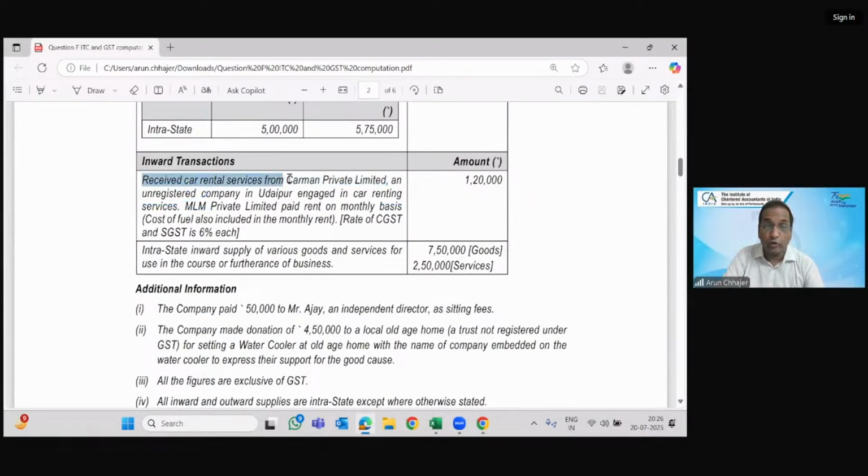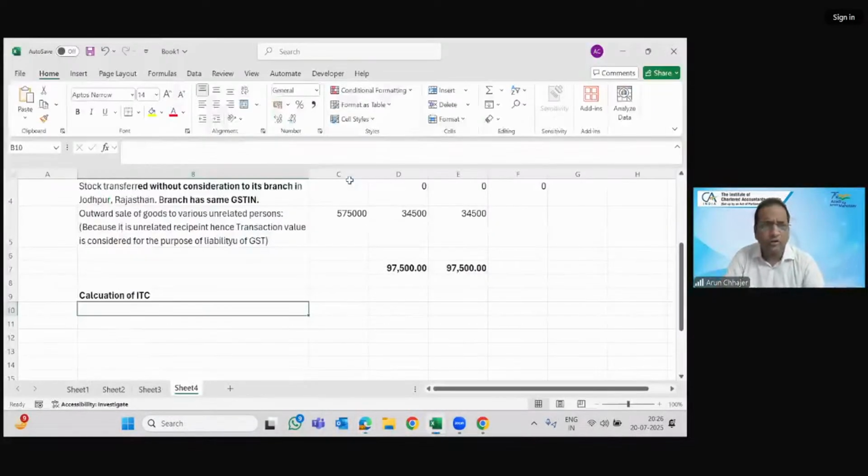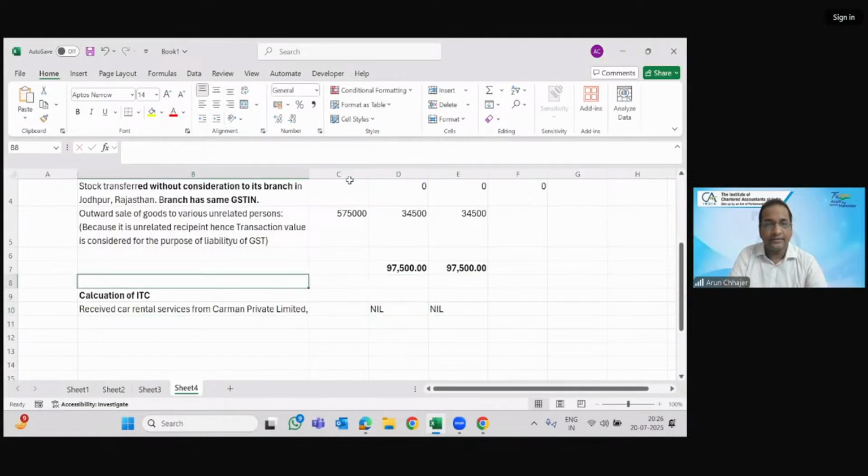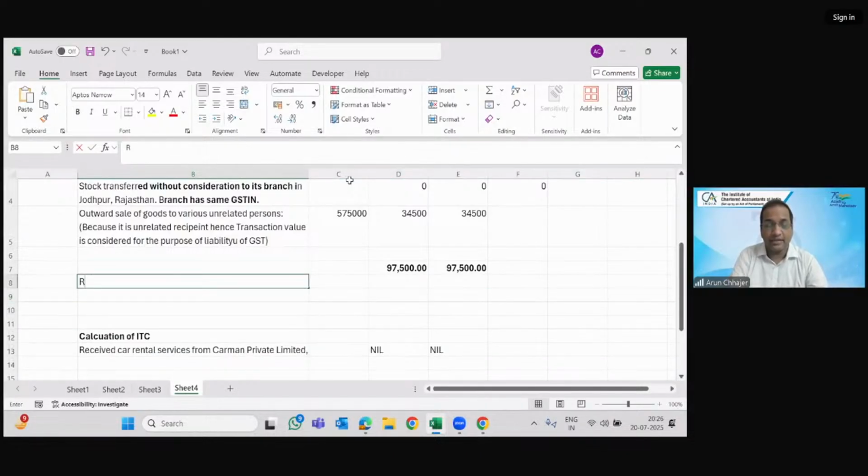Do not forget to give the reason. Wherever you are explaining, do not forget to give the reason. So I can say it is nil. It is nil. Okay. And I will add this RCM liability.